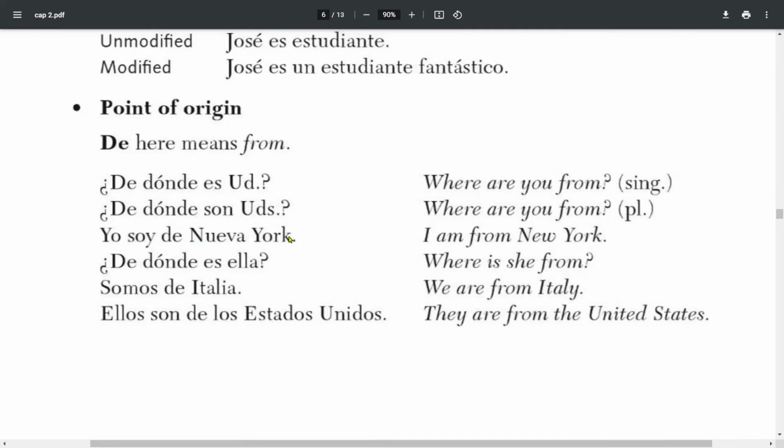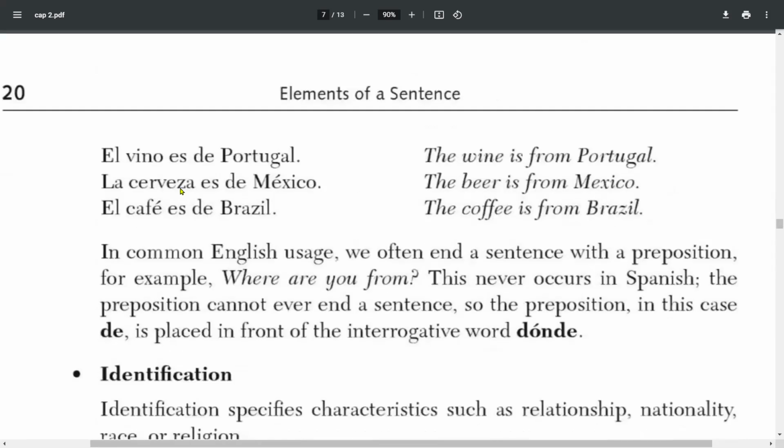Yo soy de Nueva York. ¿De dónde es ella? Somos de Italia. Ellos son de los Estados Unidos. United States. El vino es de Portugal. La cerveza es de México. Not Mexico. México.